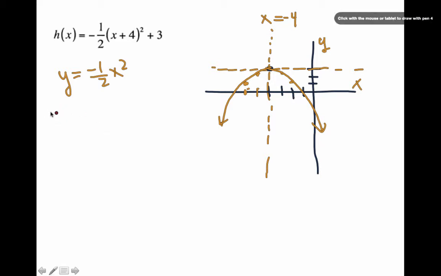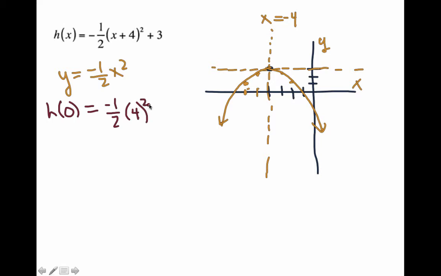So if we wanted to find the y-intercept, h of 0, that would be negative 1/2 times 4 squared plus 3. That's equal to 16 times negative 1/2. That's negative 8 plus 3, and that's negative 5. So that value right there must be negative 5.